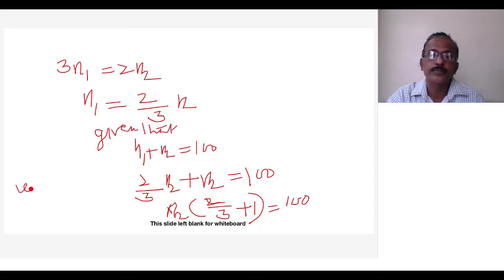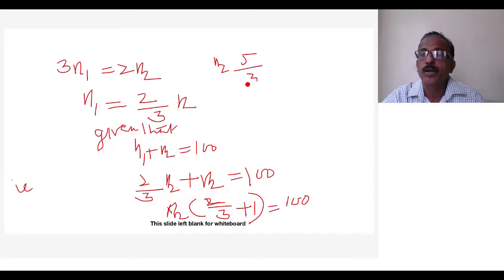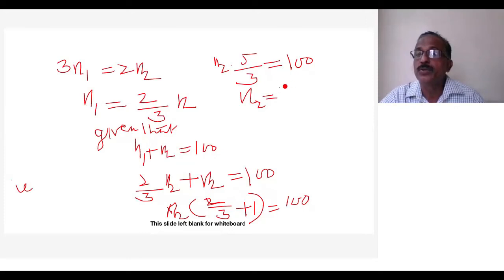That is n2 into 5 by 3 is equal to 100. Therefore, n2 is equal to 3 into 100 divided by 5.